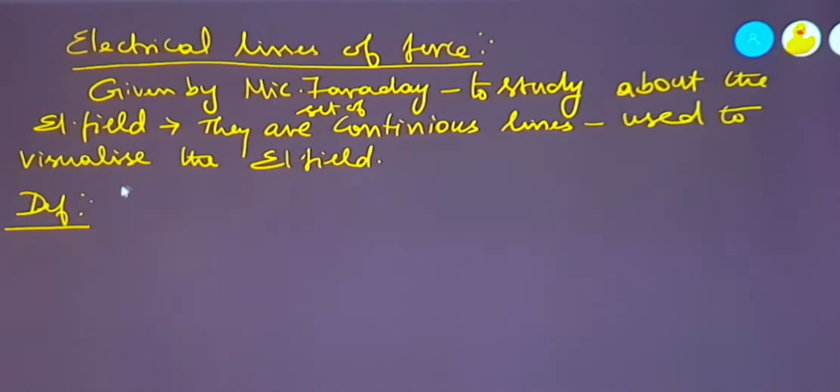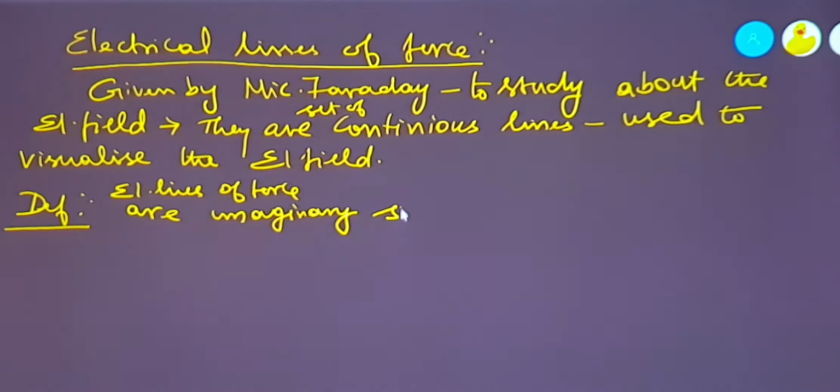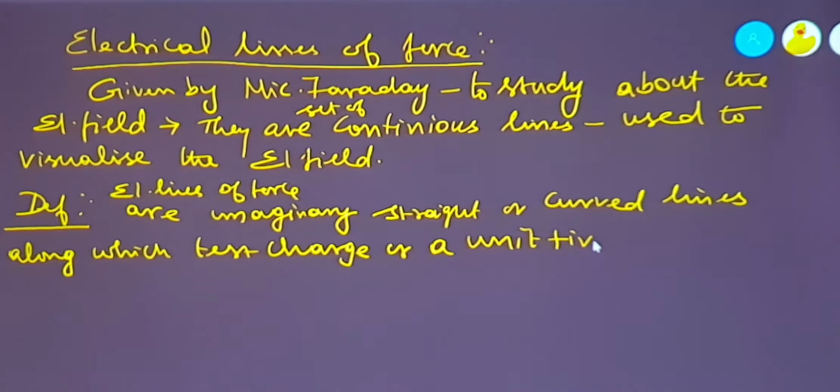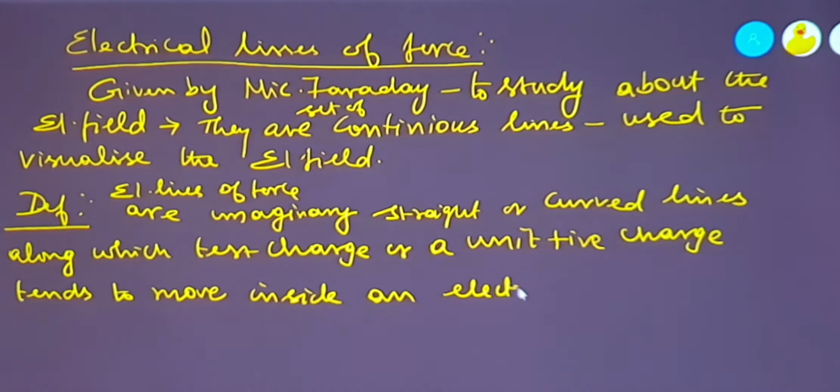Electrical lines of force are imaginary straight or curved paths or curved lines along which a test charge or a unit positive charge moves or tends to move inside an electric field.